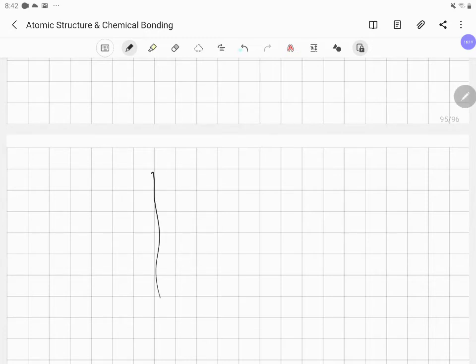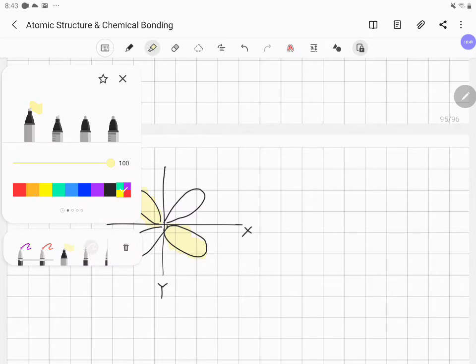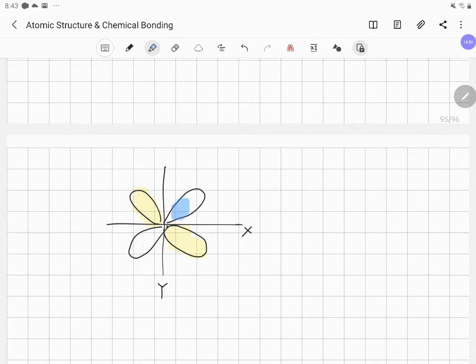For the d orbital, if this is the x-axis and this is the y-axis, and the z-axis is perpendicular to this plane, projecting towards you, then for the d orbital there are four lobes like this.